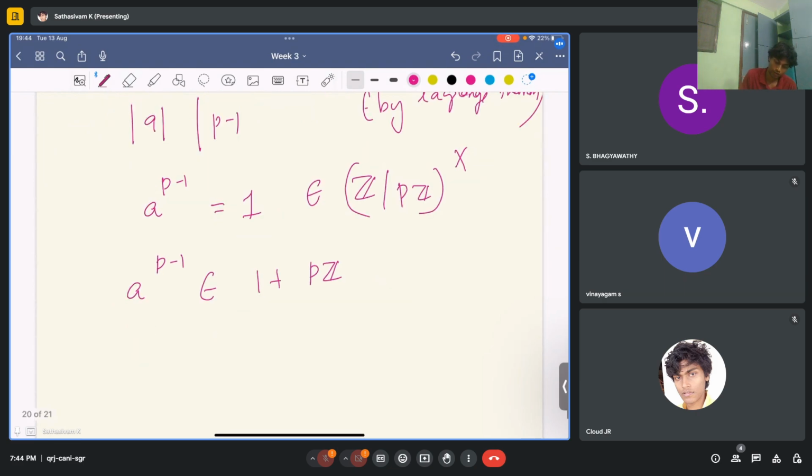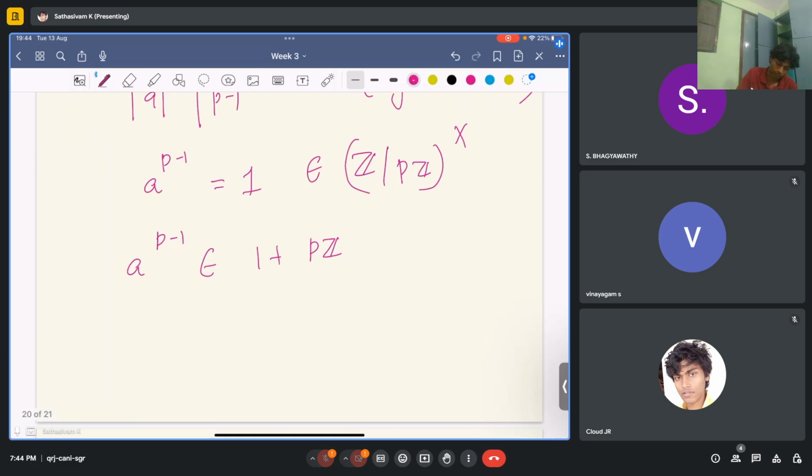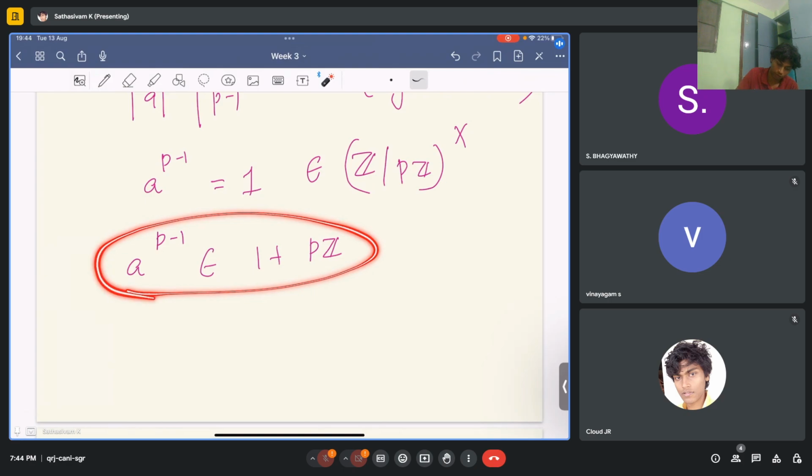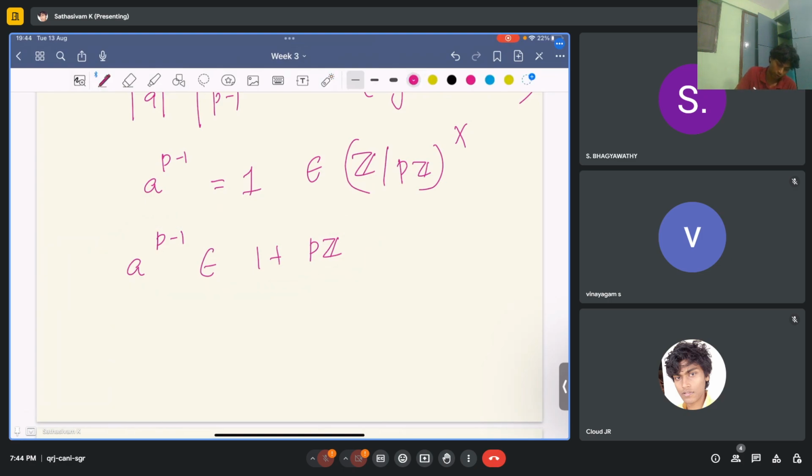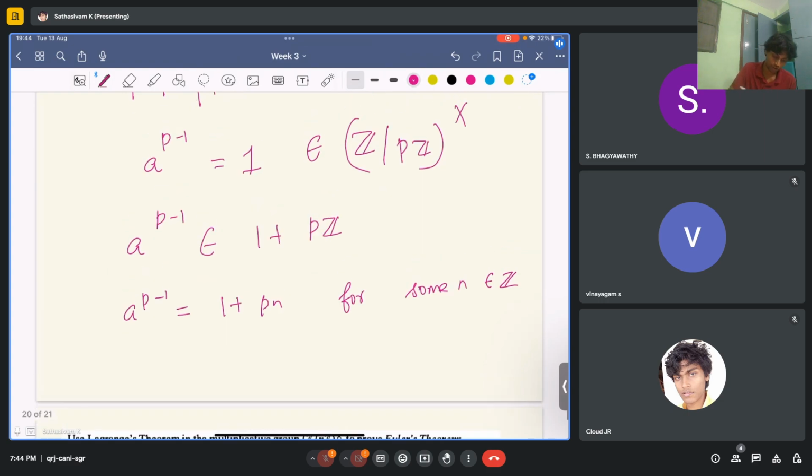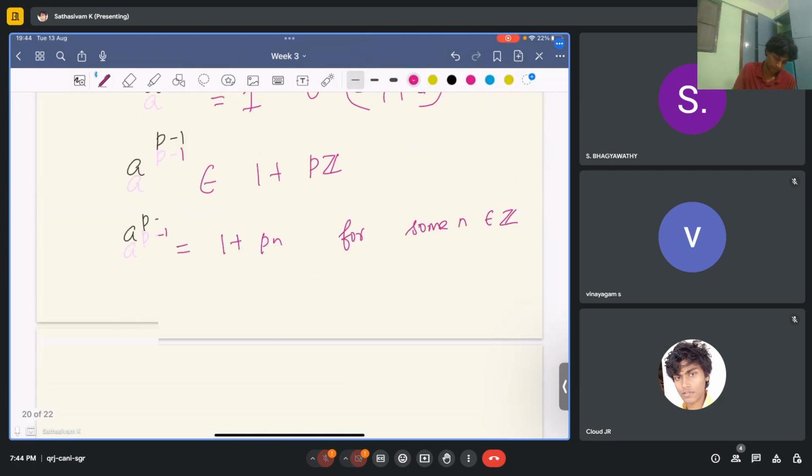So this is what it tells you. From here, what you can observe is a^(p-1) is equal to 1 + pn for some n. Can you observe from here what we want to say?